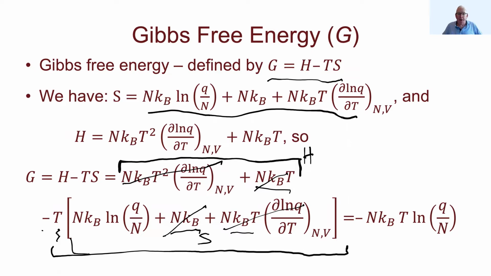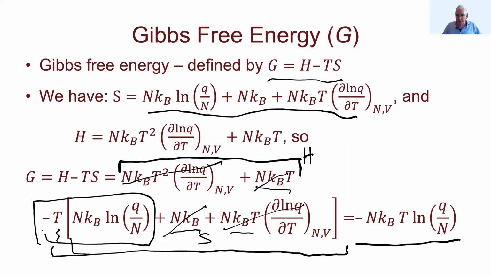And you can see why I kept that form for the entropy, to make it relatively clear that we could do that. That means the only piece that survives is this part right here. And so when I grab that and put it over here, this gives me an expression for G, the Gibbs free energy, based on the temperature and the molecular partition function together with the number of molecules, right? N is the number of molecules.